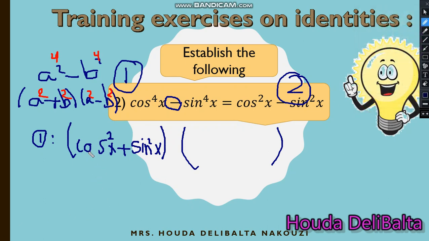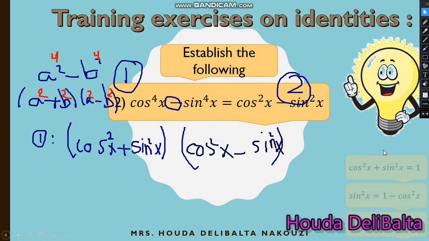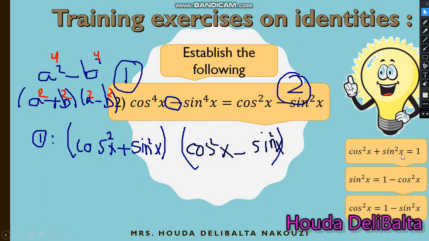So I will get cosine squared x plus sine squared x into cosine squared x minus sine squared x. Again, let's remember the identity that says cosine squared x plus sine squared x is 1.